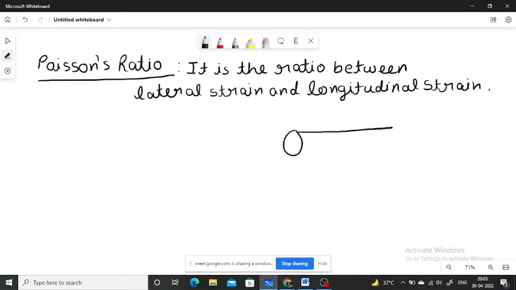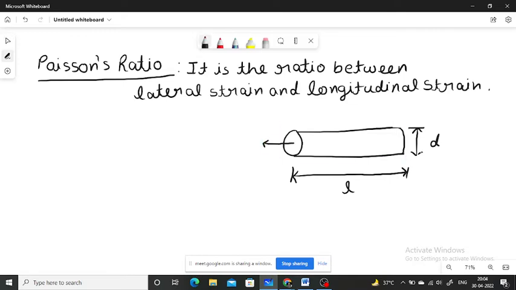Let us consider a shaft of length L and diameter D, which is subjected to a tensile load F. Due to this tensile load, the length of the shaft will be increased.